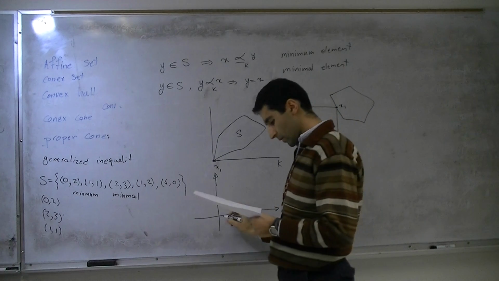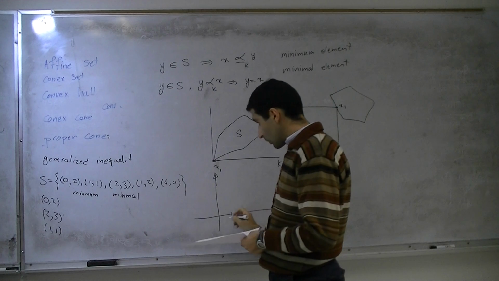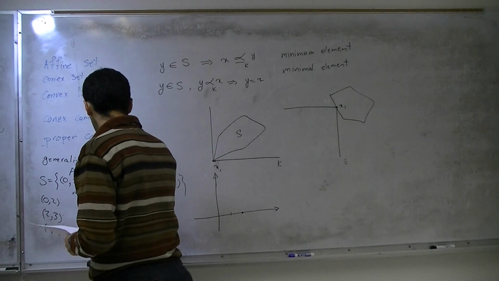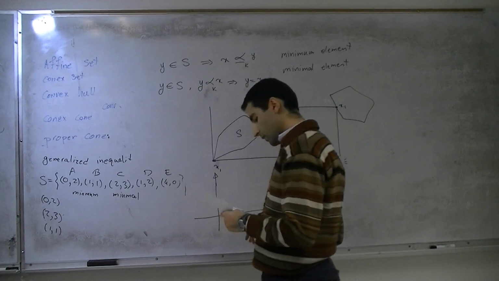Okay, let's see. We have 0 and 2, labeled A, B, C, D, E. A is 0 and 2.